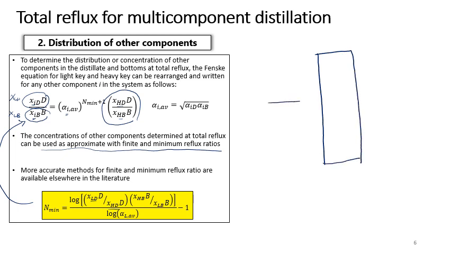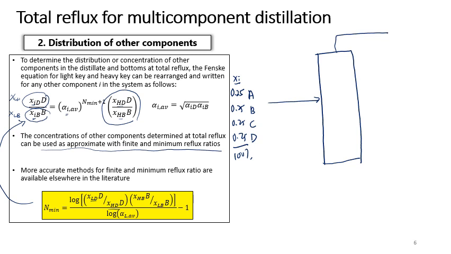Just to be clear to you, let's say we have this column with components A, B, C, and D. So you have a certain composition. Let's just have some numbers for you to visualize. So let's say you have 25% of A, 25% of B, 25% of C, and 25% of D. So 100% in total for the feed.